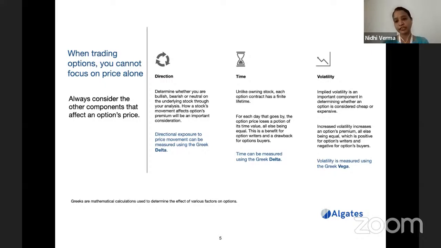By option writers, I mean people who are selling the options freshly. And it is a negative for option buyers, because when the volatility decreases, the price will just come down. So if you are on the buying side of an option, you have to be very careful of even the volatility of options.